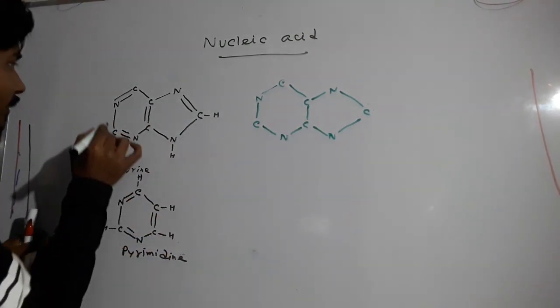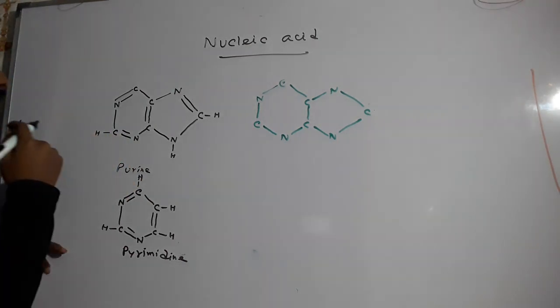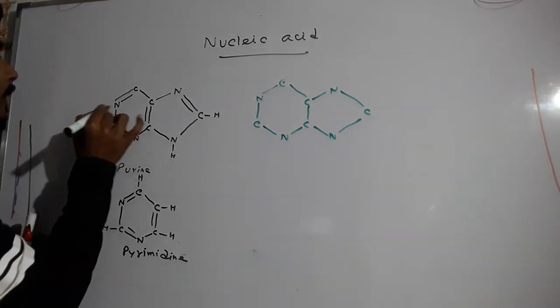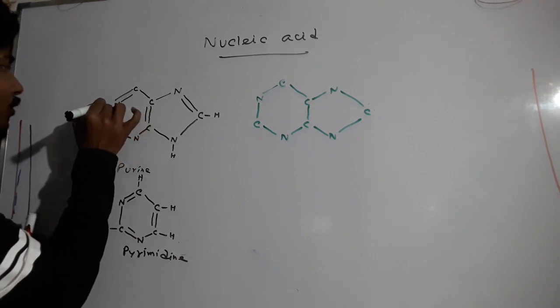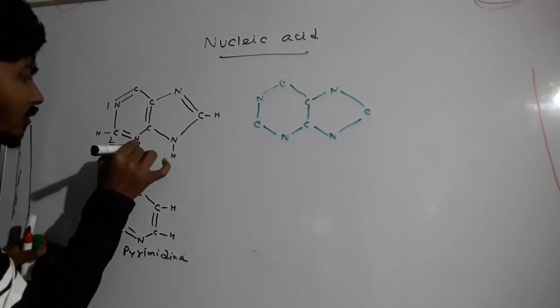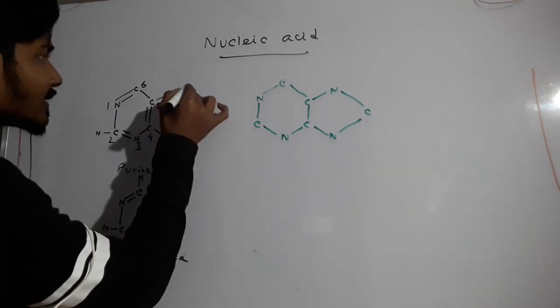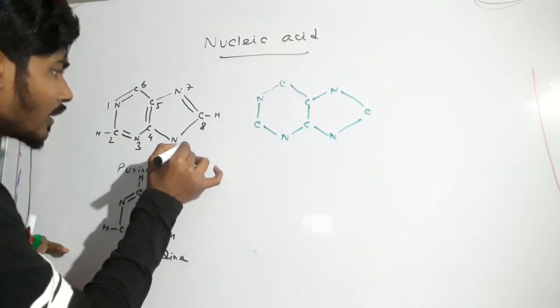In case of purine, we number the atoms from this nitrogen 1, 2, 3, 4, 5, 6, 7, 8, 9.